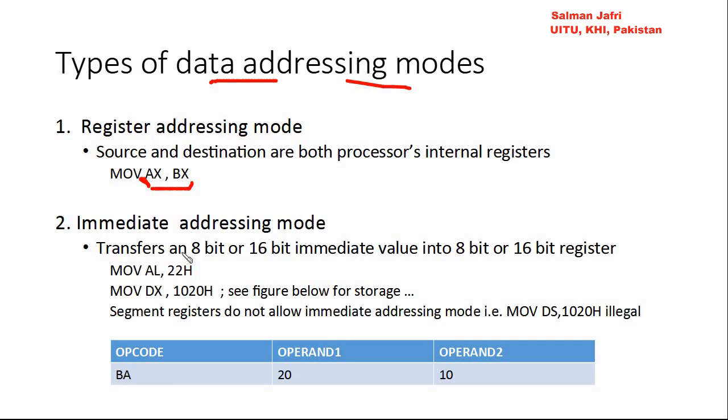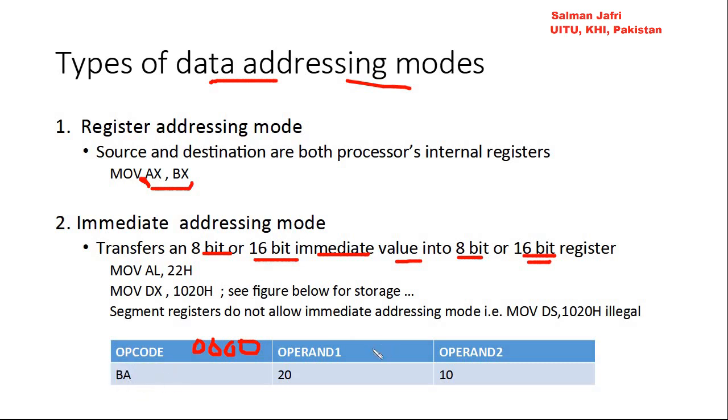Immediate addressing mode transfers an 8-bit or 16-bit immediate value into an 8-bit or 16-bit register. Remember how we discussed how the program is stored in memory? The first location stores the opcode. For example, if this is offset 0000, it would hold the opcode BA, the hexadecimal equivalent of an assembly language instruction, which the assembler creates.